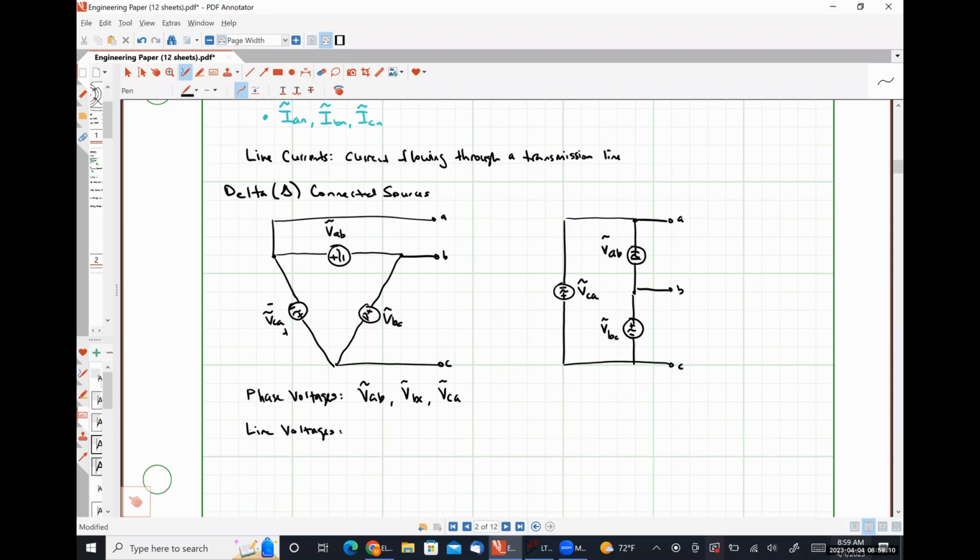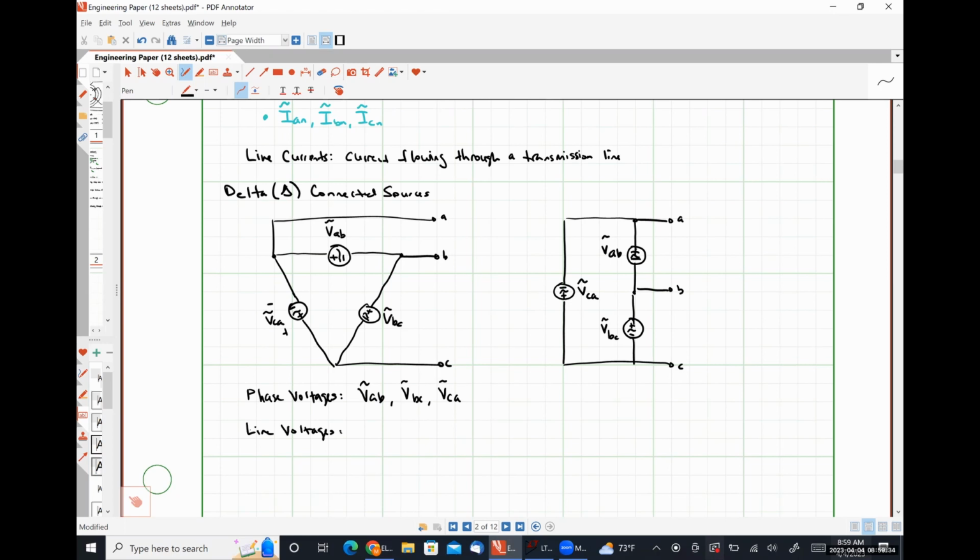My line voltages are the voltages measured between my transmission line terminals in a source or a load. So somebody tell me what my line voltages are supposed to be. Oh, they're definite.